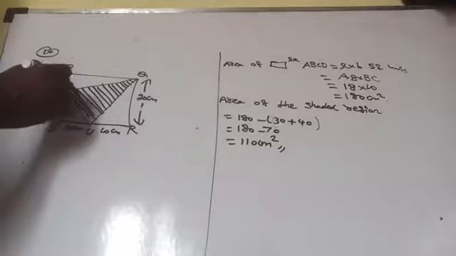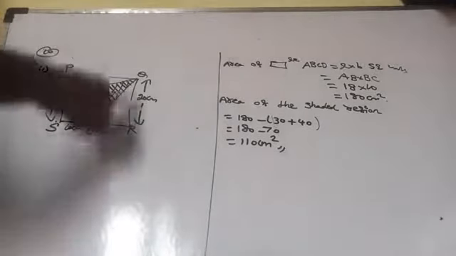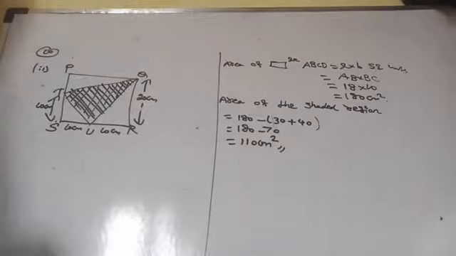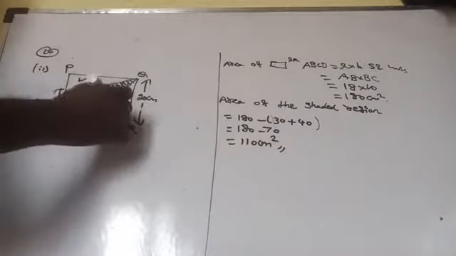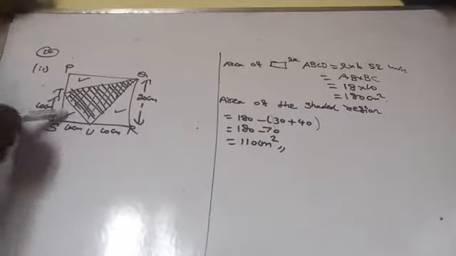So what we can do is, from the area of the square, subtract the area of these three triangles. If you subtract the area of these three triangles, we will get the area of the shaded region. So first we will find the areas of these three triangles.